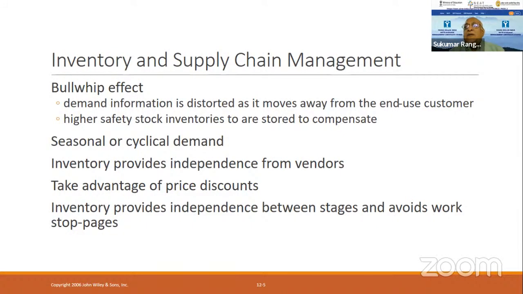Suppose you are a manufacturer of tires. The tires by themselves are not consumed. They are consumed by a vehicle manufacturer. A vehicle manufacturer sells it to a transport operator, right? Like that, from supplier to a customer's customer, this entire chain is what is called a supply chain.